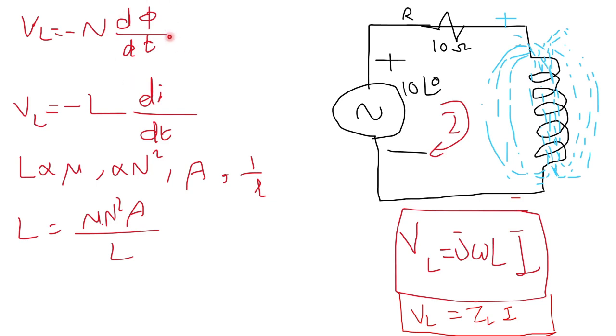The magnetic field is generated by the AC current. So we can define the voltage drop across the coil in terms of the rate of change of the current. It equals minus L di by dt. Again, L is the inductance. The L is proportional to the permeability of the core of the coil.